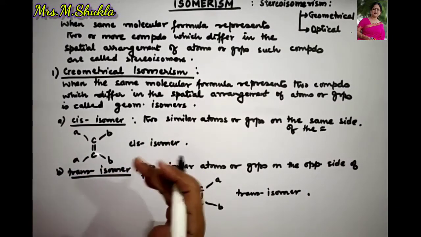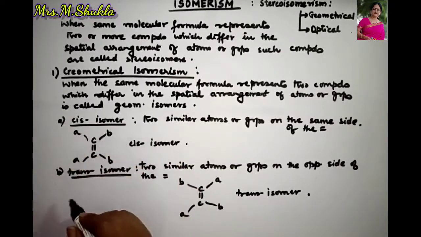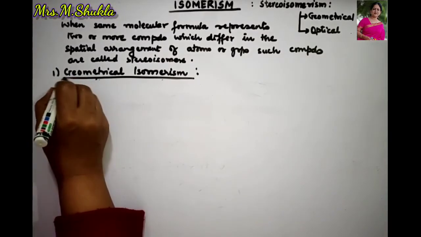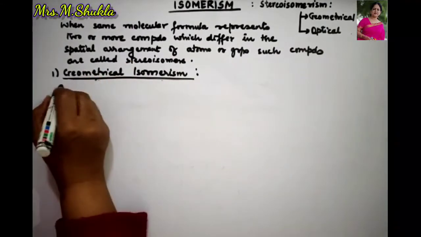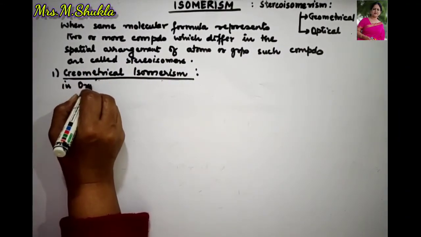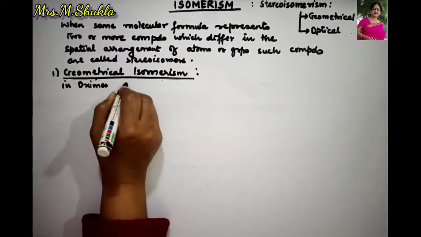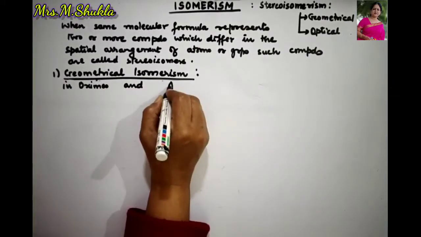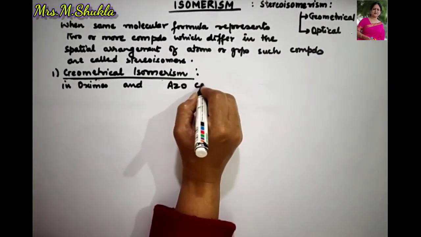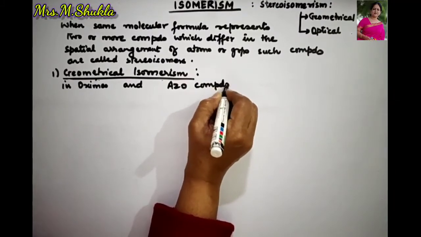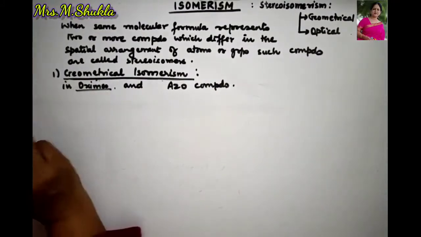Now I'll give you some more examples of cis isomer and trans isomers. Let us observe the geometrical isomerism in oximes and azo compounds. Okay, so first I'll show you for oximes.